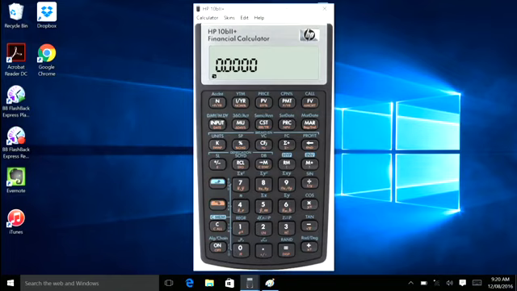Okay, so in order to calculate the bond price of the coupon paying bond or of the zero coupon bond, you can simply use the top 5 functions up here. So what you have to do, as I said, before you do anything, make sure that you clear the memory.